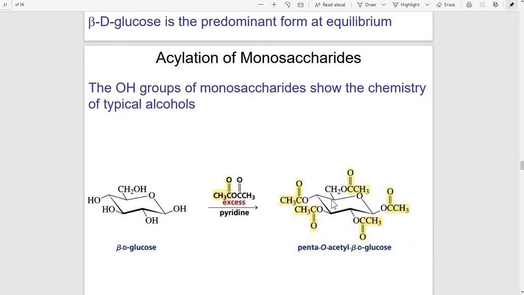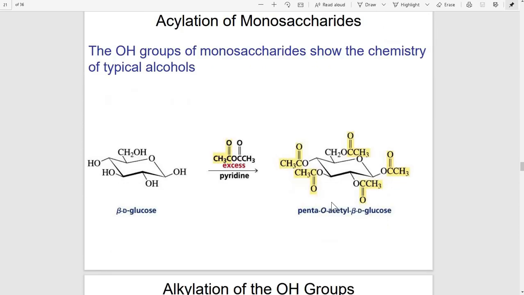Acylation of a monosaccharide. The OH group of a monosaccharide shows the chemistry of typical alcohols. In this reaction we are taking beta D glucose, and we add an excess of CH3CO-O-COCH3, which means acetic anhydride, in the presence of pyridine.